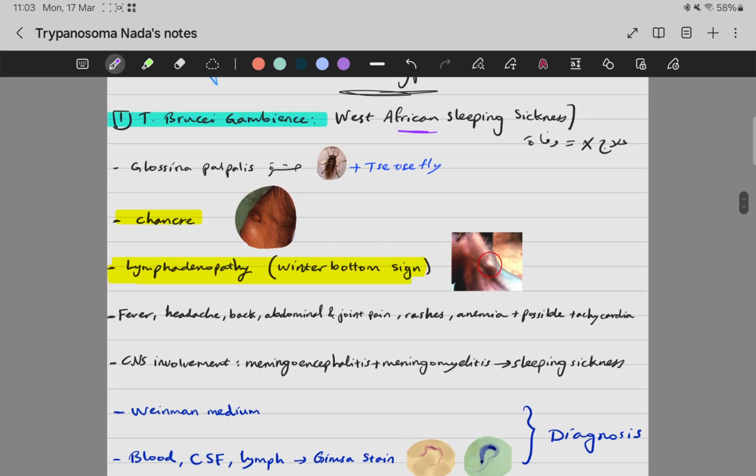What is the causative arthropod, the way we get the infection? It is an insect called Glossina palpalis, or tsetse fly. These insects are the vector of the disease. They bite a person who may be infected, then go and bite another person, and this way they spread the infection between different people.